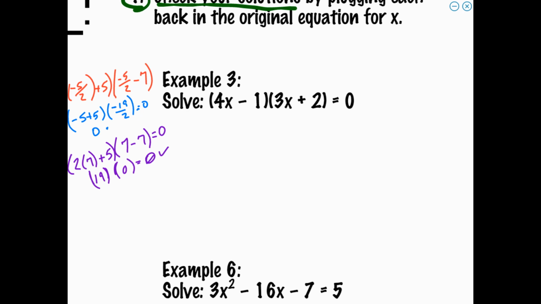Okay. Can y'all get example 3 started on your own? How do you finish writing this?